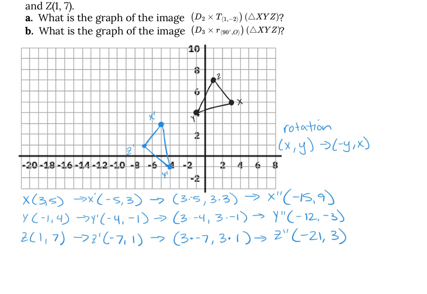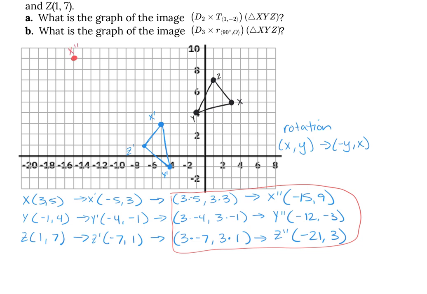I'll go ahead and plot those. So this is my dilation. I'm going to plot that in red. Negative 15, 9 is my x prime prime.